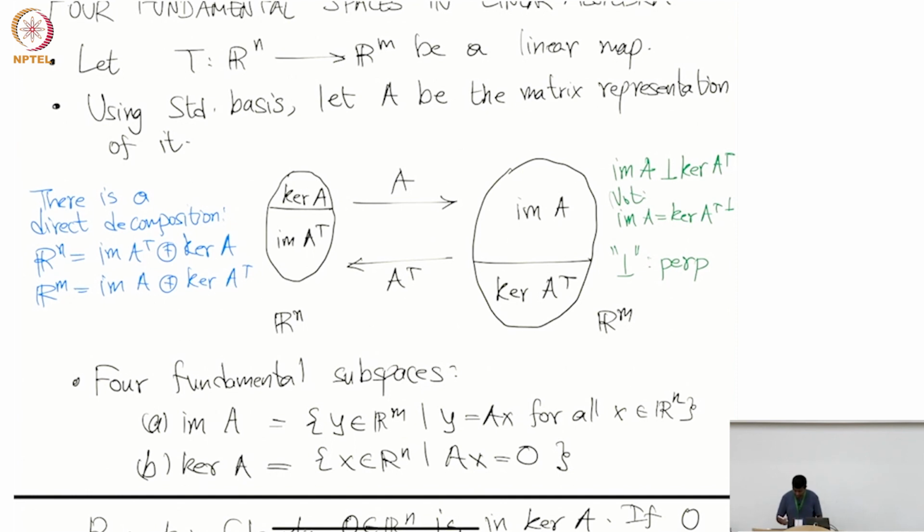And on this side, kernel of A is going to be the image of A transpose perp. Technically I need a parenthesis, but the perp is not for the operator, it's for the space. It should be evident even without writing that parenthesis.